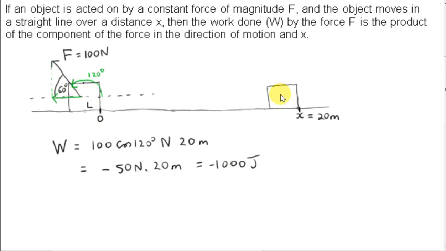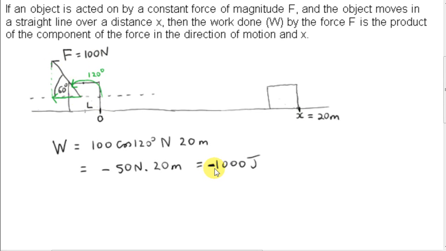positive vectors. Now this negative sign is important because obviously this situation here, the work done by this force, is hardly the same as the work done by this force here, which also has a magnitude of 100 and makes an angle of 60 degrees with the horizontal. So for this particular force, we say that it does negative work.